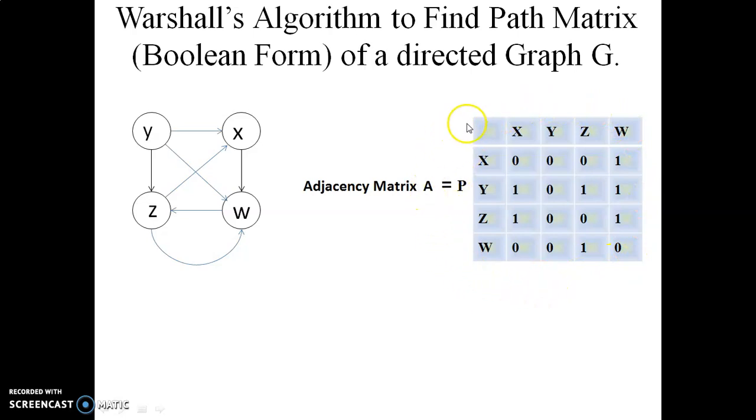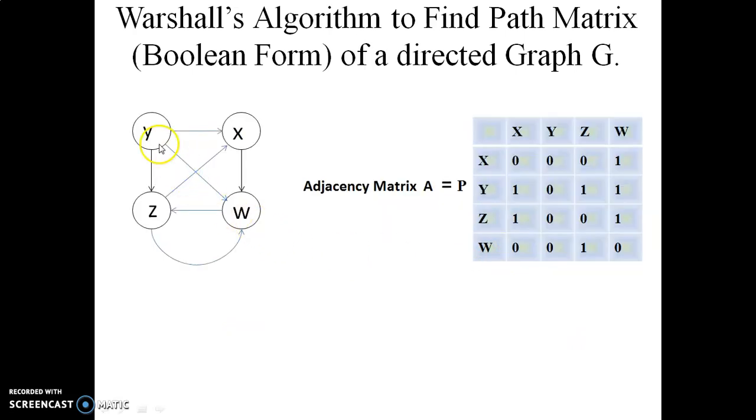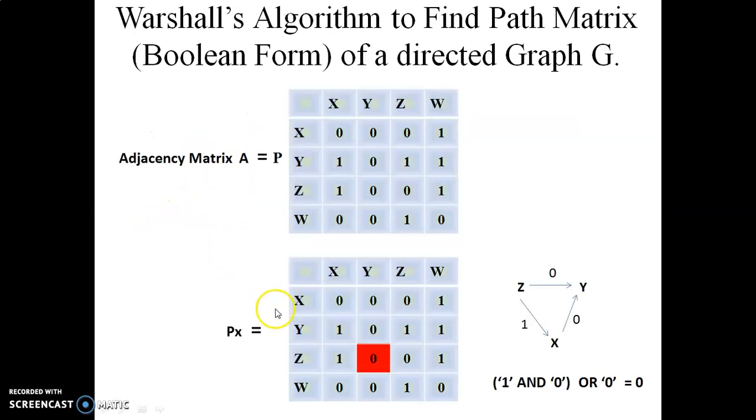Now once you obtain this path matrix, the next step is that you need to obtain what is called an intermediate matrix. Now let us understand how to obtain this intermediate matrix with respect to y, x, w and z. First we'll obtain the intermediate matrix with respect to x.